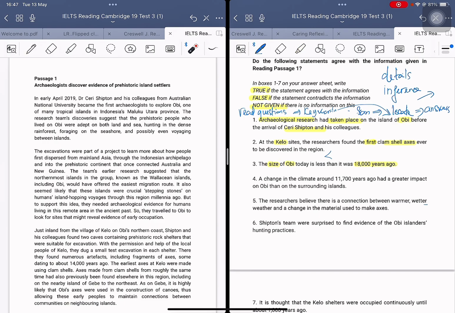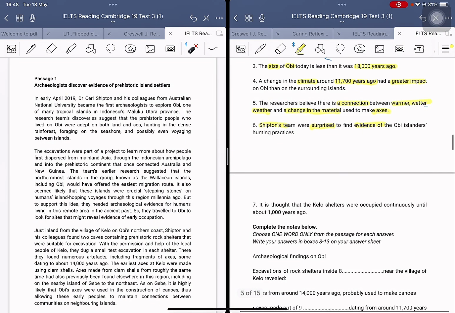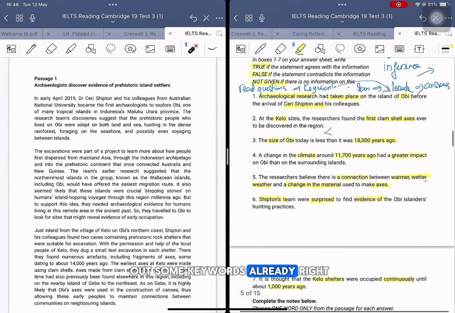This one tends to be 'less than' or something. Or maybe this one, climate change, 11,700 years ago, greater impact than other surrounding. Question 5, a connection between warmer, wetter weather and a change in material used to make axes. Number 6, team subscribed to find the evidence. Number 7, the Kello cells continue about 1,000 years ago. So we can find some keywords already, right? We finished the first step: read the question and identify keywords.